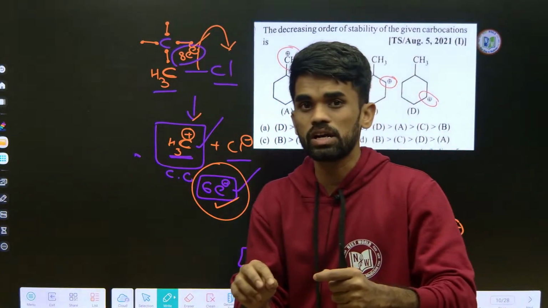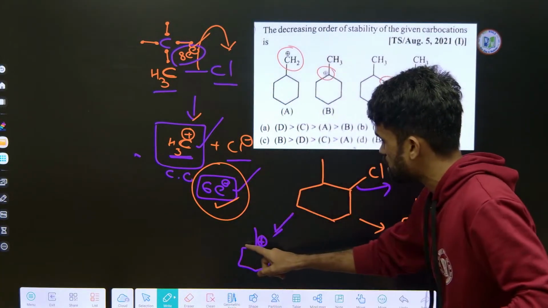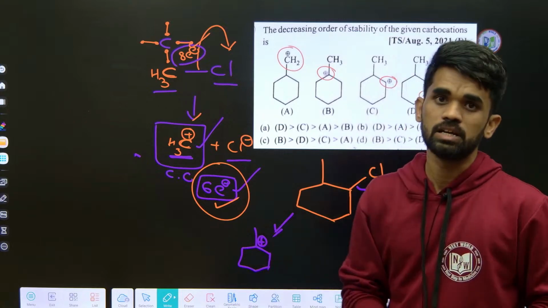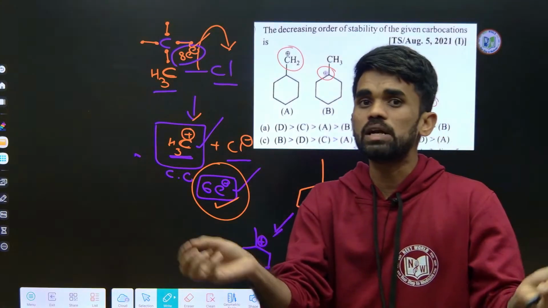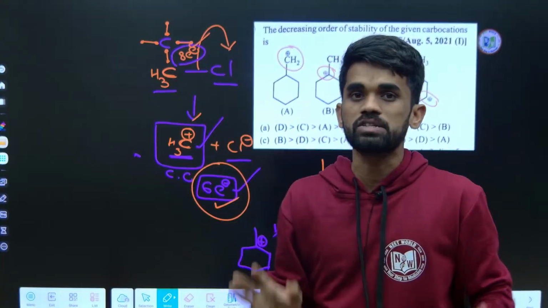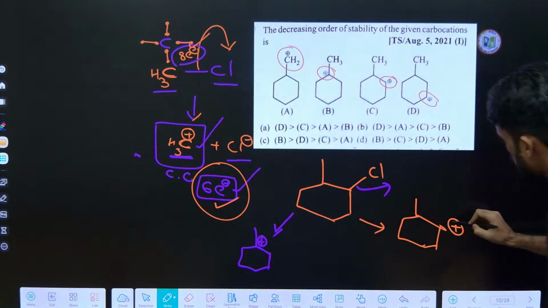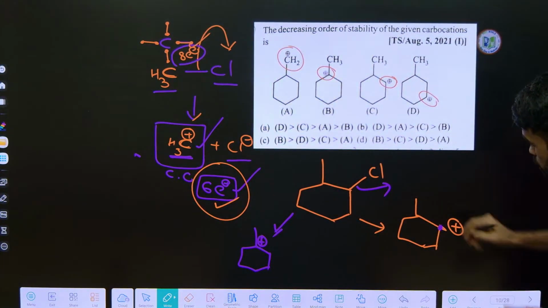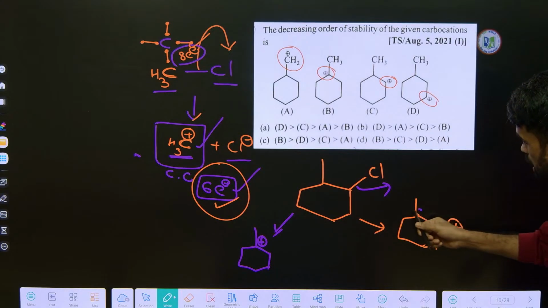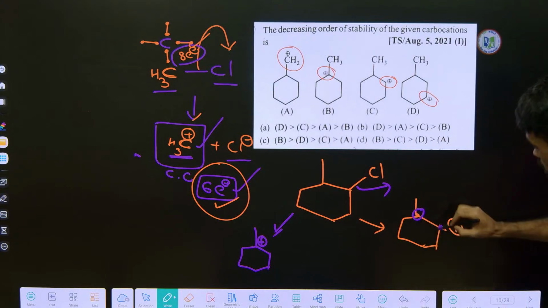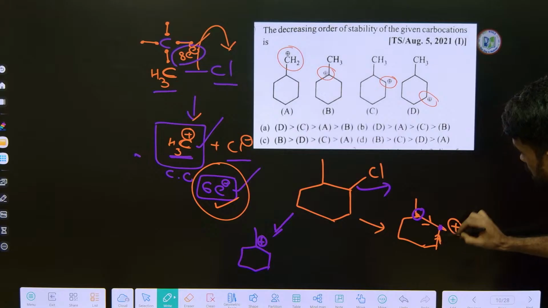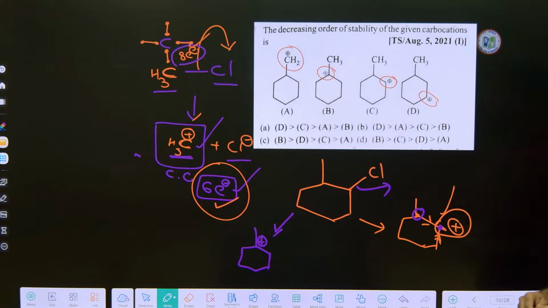If any adjacent groups are electron rich, then those groups will donate electrons to that electron deficient carbon. If there is any adjacent group which is more electron rich, that will donate electrons like this and make a more stable carbocation, that will stabilize this carbocation.